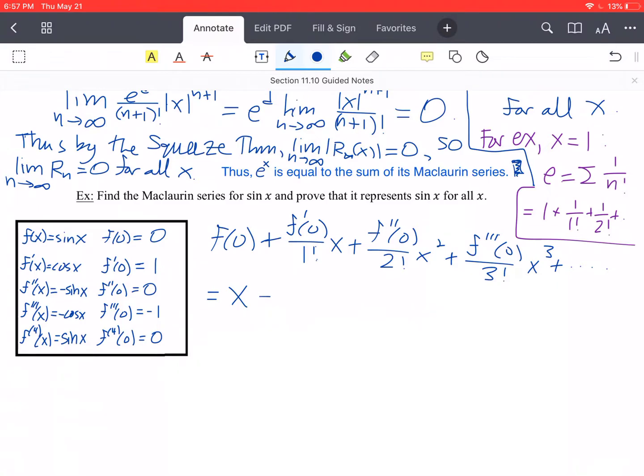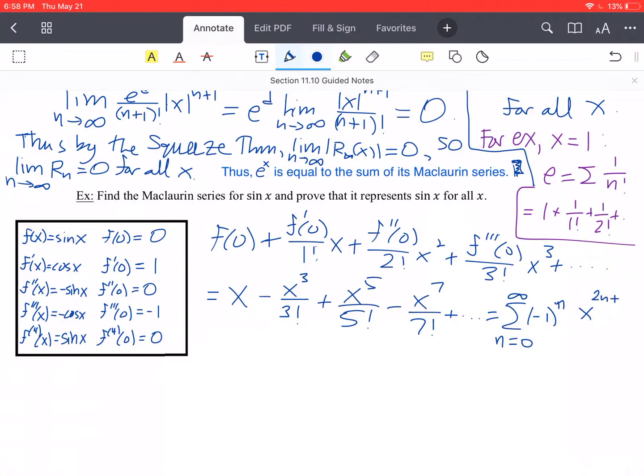So we're going to get minus x cubed over 3 factorial plus x to the 5th over 5 factorial minus x to the 7th over 7 factorial, etc., which is the sum n going from 0 to infinity of negative 1 to the n times x to the 2n plus 1 power over 2n plus 1 factorial.